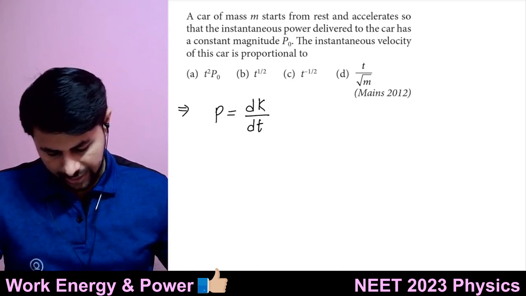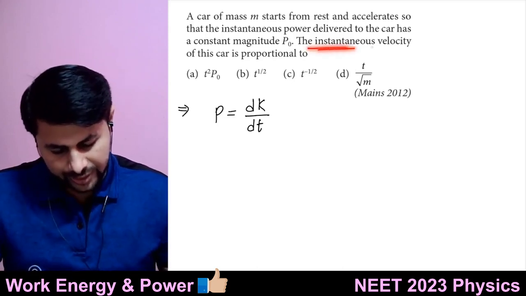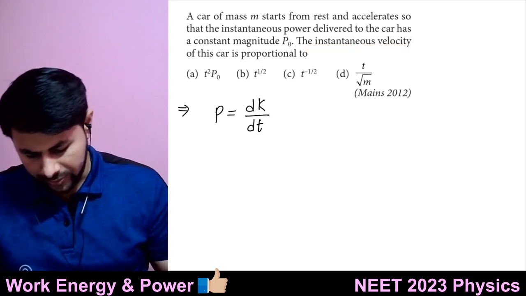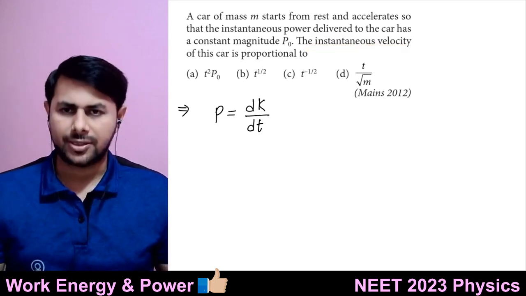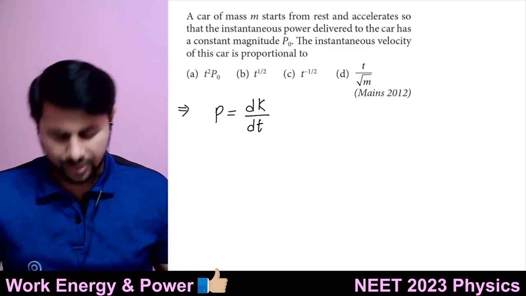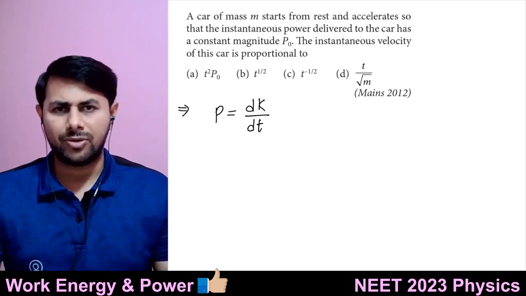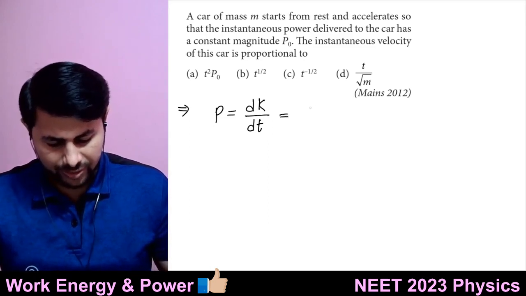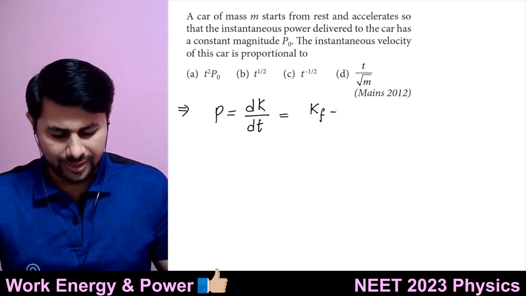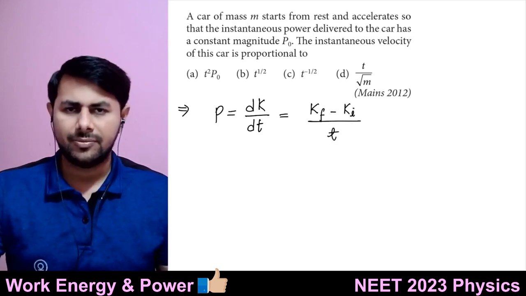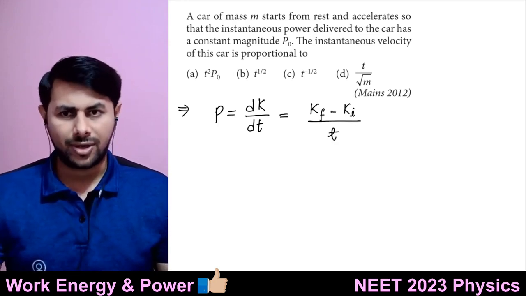Okay. And we want the instantaneous velocity. Okay. So now since the power is constant, the instantaneous power and average power will be equal. So we can just say this is equal to change in kinetic energy, final kinetic energy minus initial kinetic energy, divided by time, because the power is constant only.